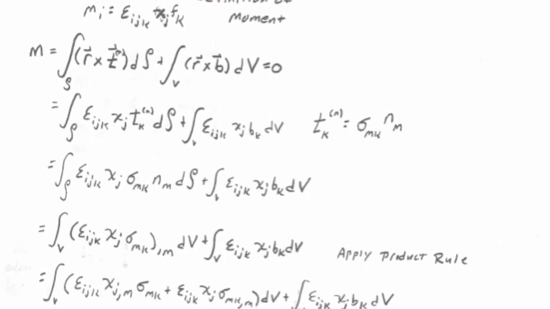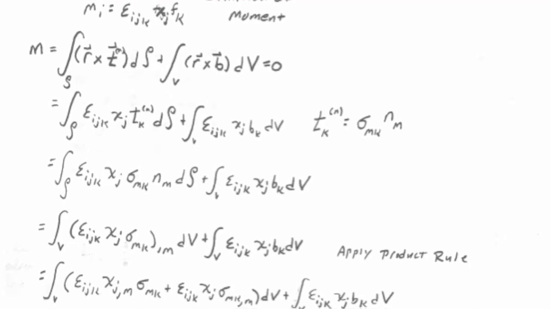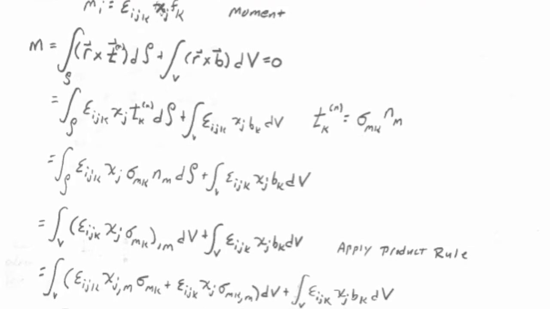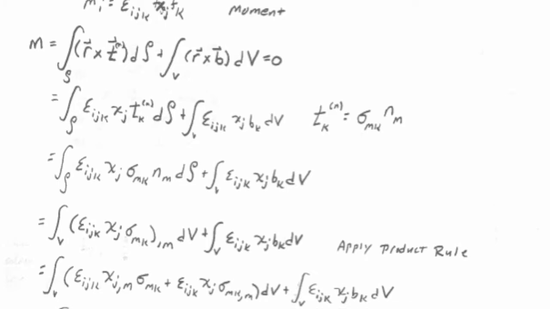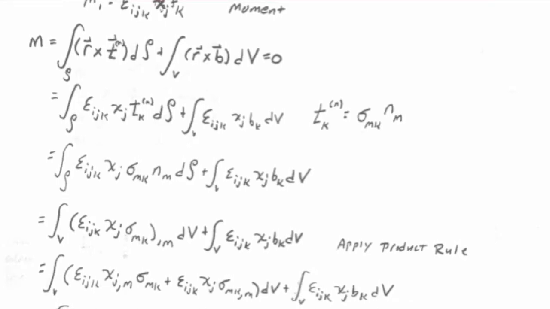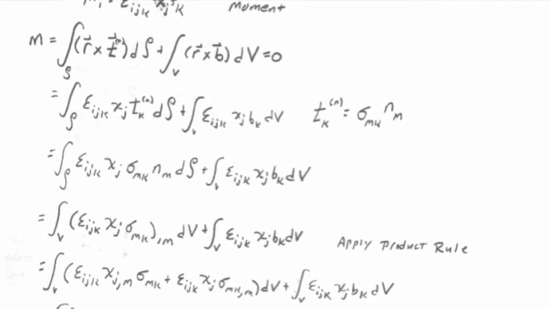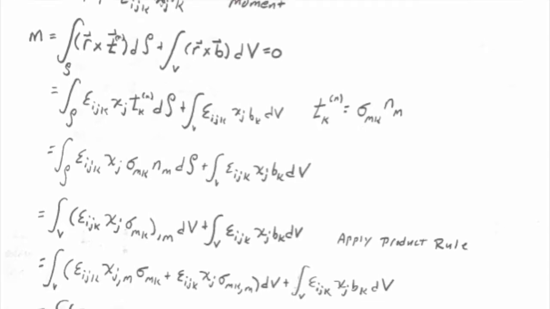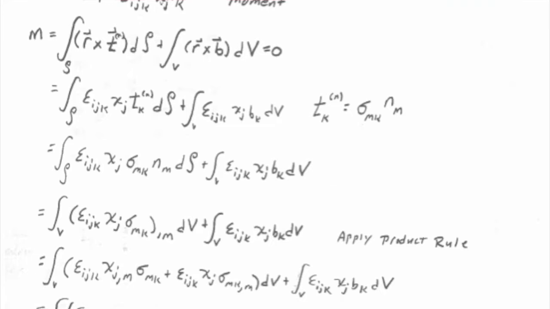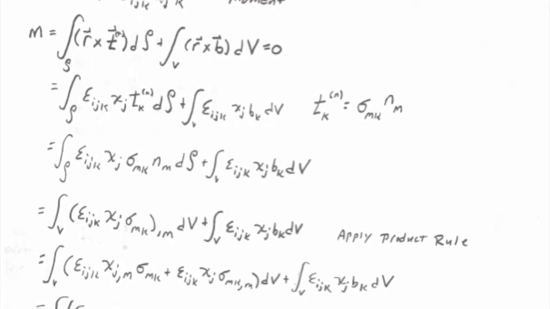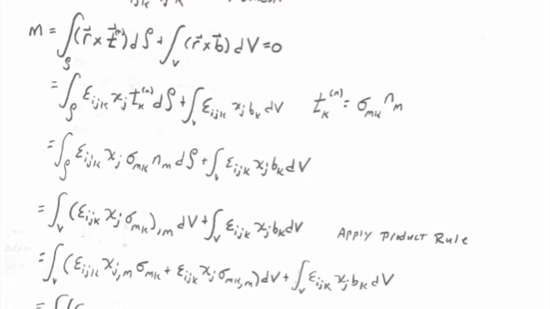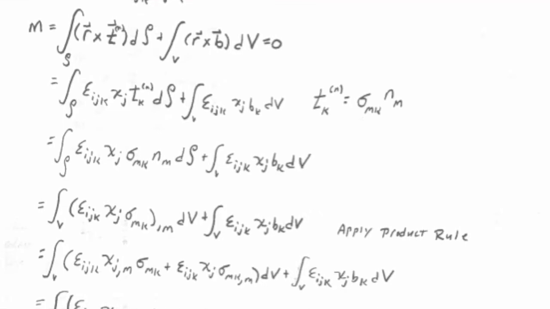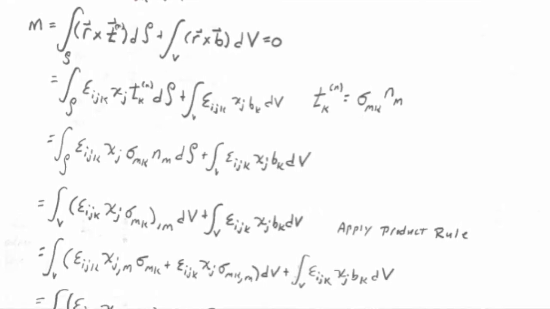Let me write it in indicial notation first, so it'll be a little clearer what I'm doing. This becomes the surface integral. Now we can substitute in sigma n for our traction vector here.